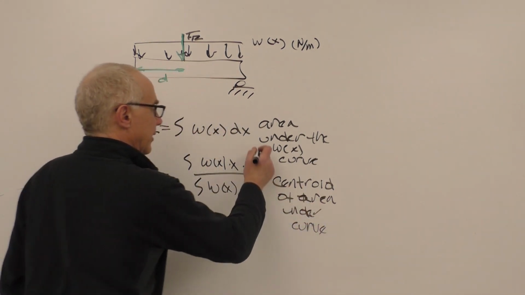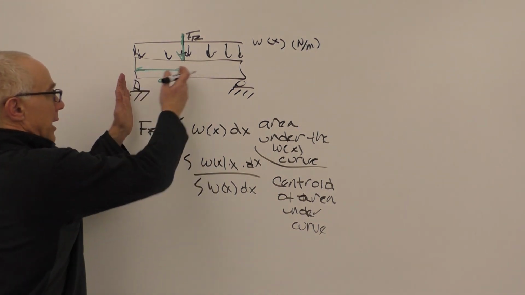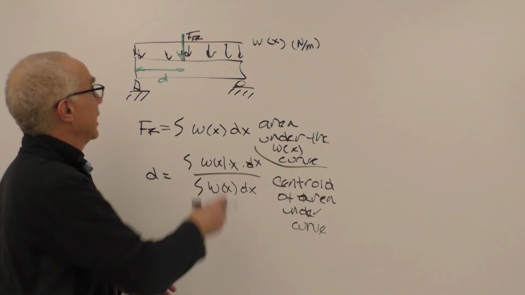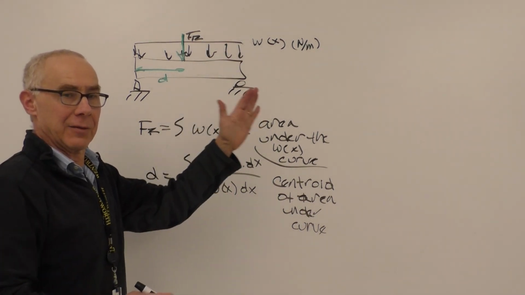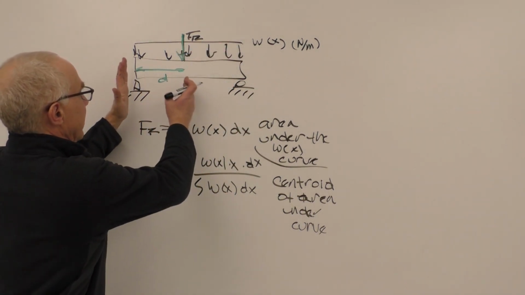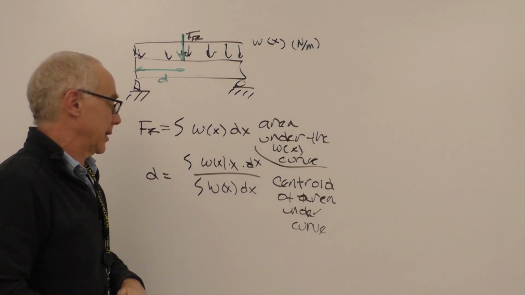It really is the horizontal dimension of that centroid. The centroid is like a two-dimensional surface where it's x versus W of x, and what we really care about is the x value of that centroid.